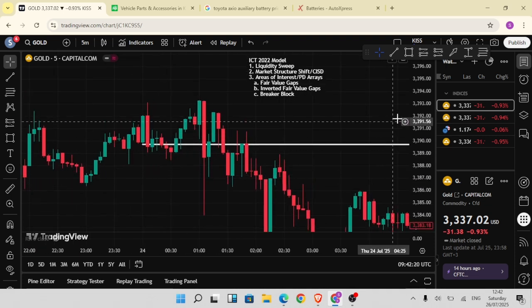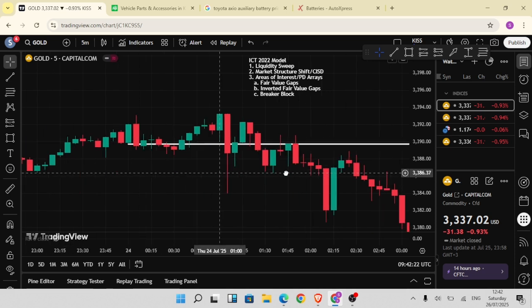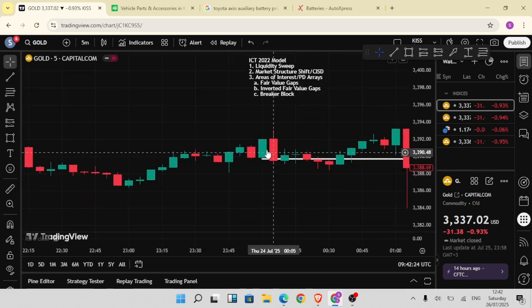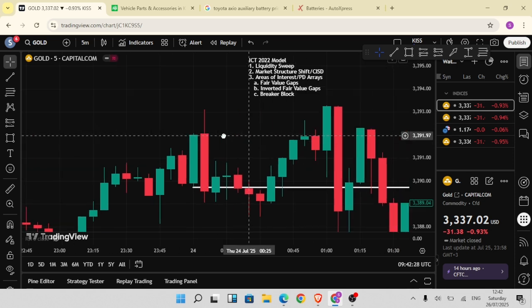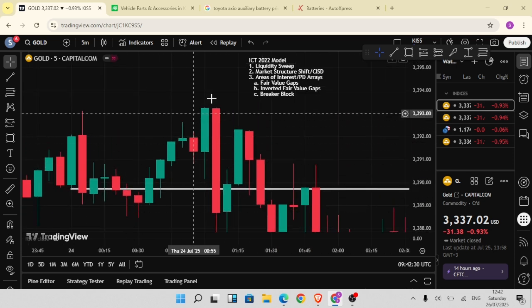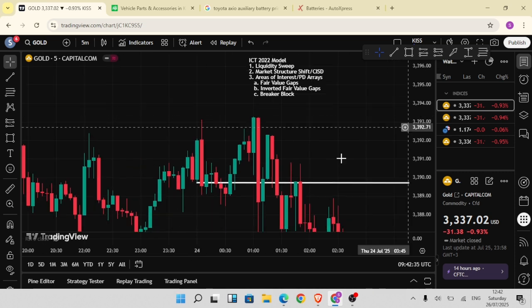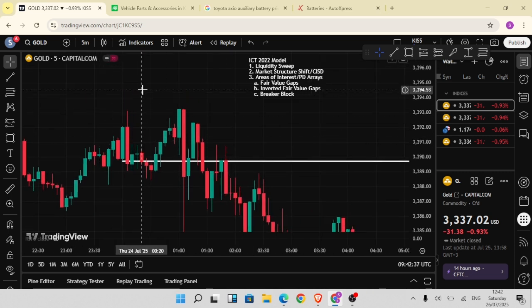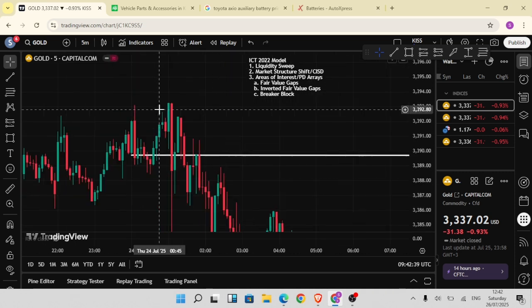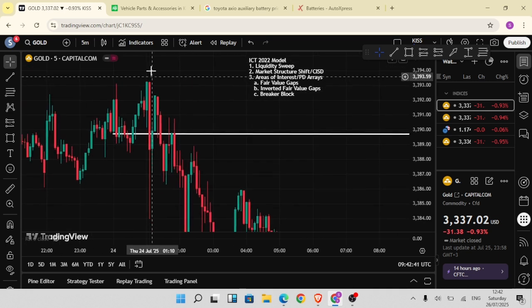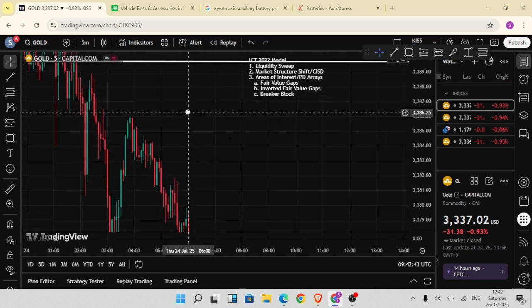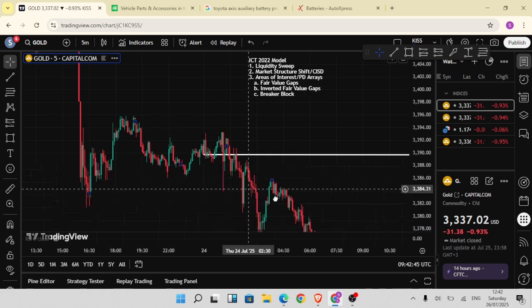and then immediately we have an impulsive move to the upside. You can see this, and another impulsive move to the upside again. This becomes our confirmation that price is likely forming the high of the day before dropping, and you can see it dropped.